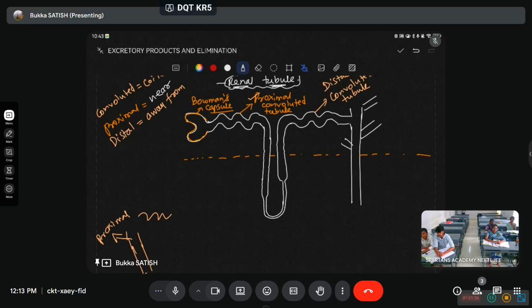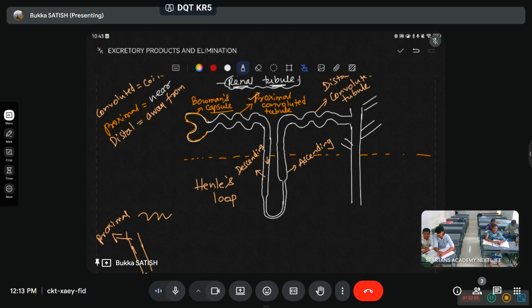In between there is a loop. We can clearly see that it is a loop. This is what we call Henle's loop. Henle is a scientist's name; after the name, Henle's loop. The whole loop is Henle's loop. This part is the descending one, whereas this one is what we call the ascending one.